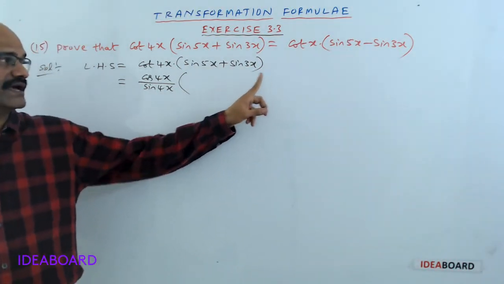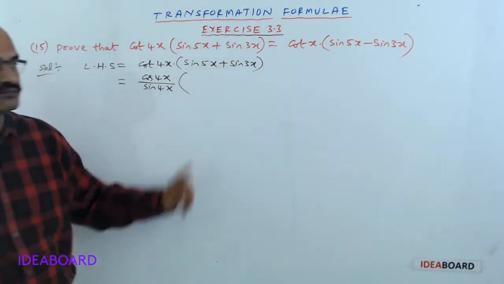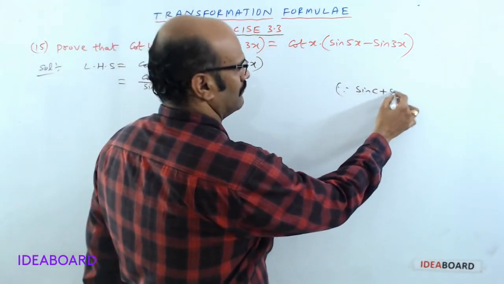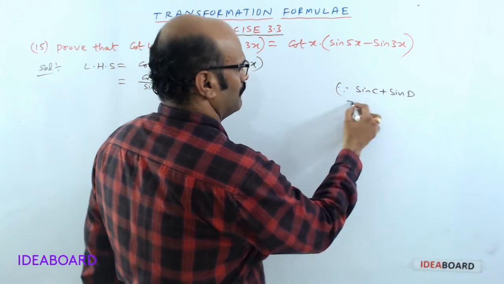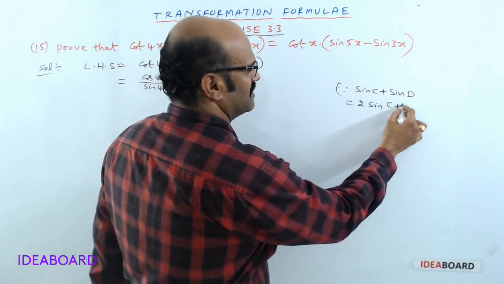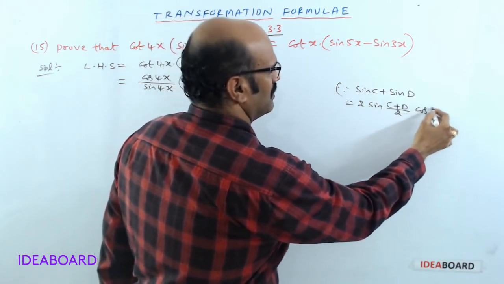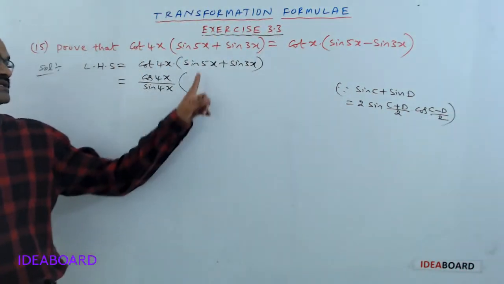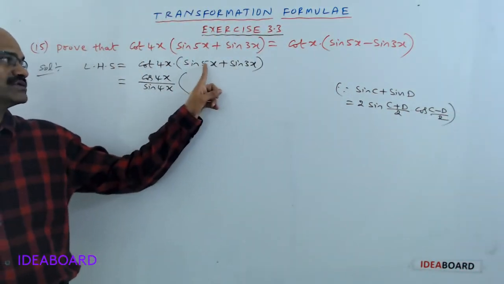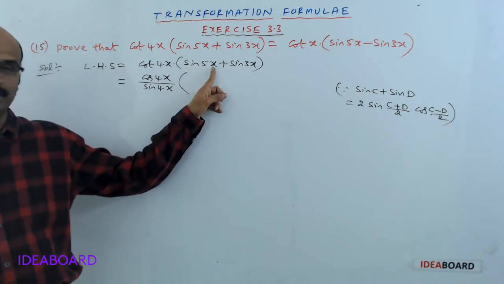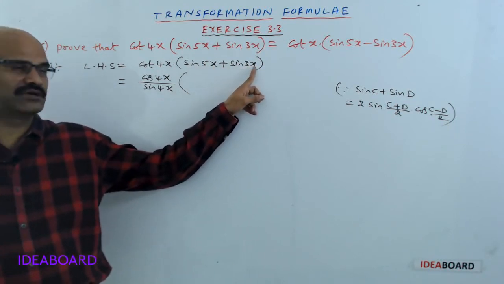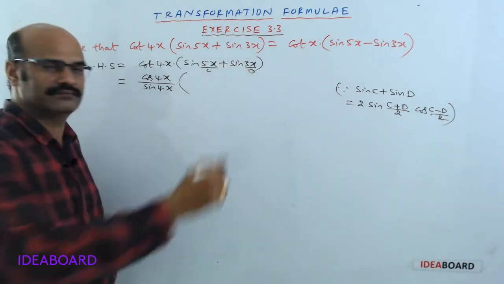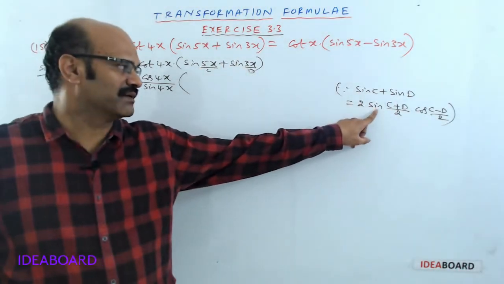We know that sin c plus sin d equal to 2 sin of (c plus d) by 2 into cos of (c minus d) by 2. So this can be written as 2 sin, here c equal to 5x and d equal to 3x. So we have to apply this formula now.